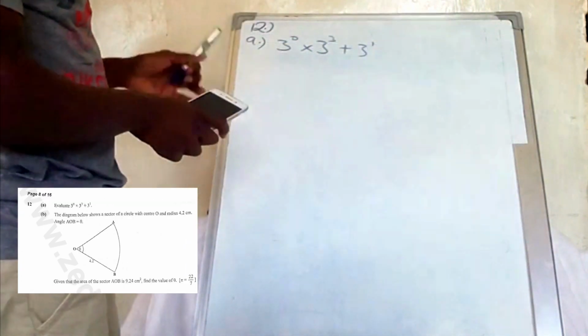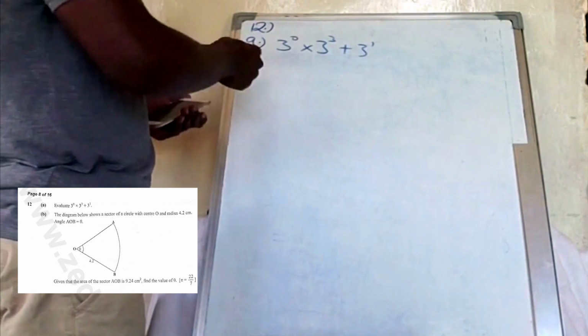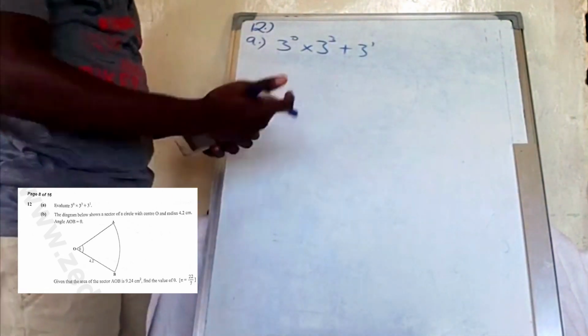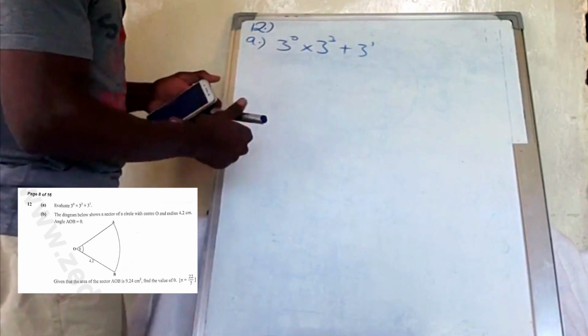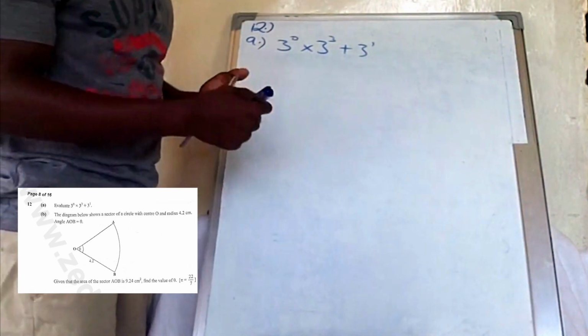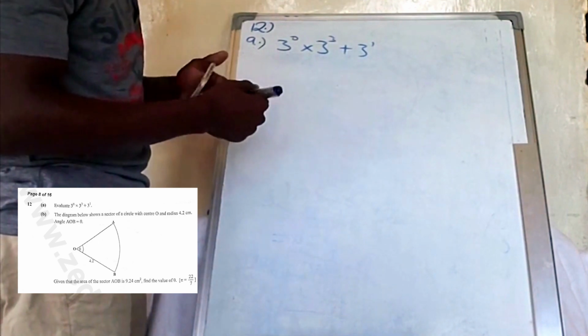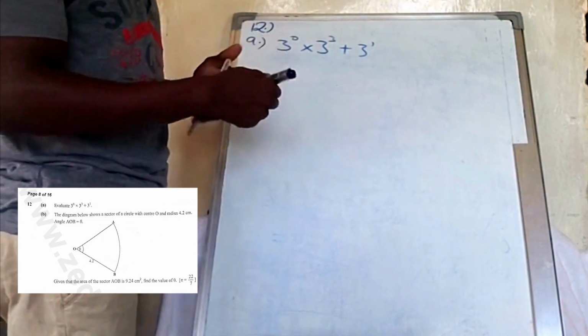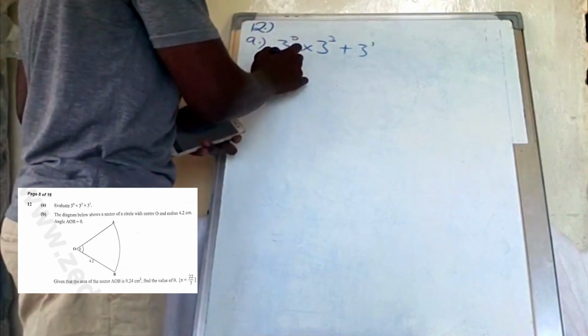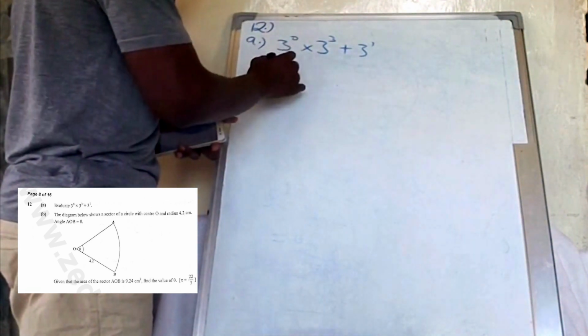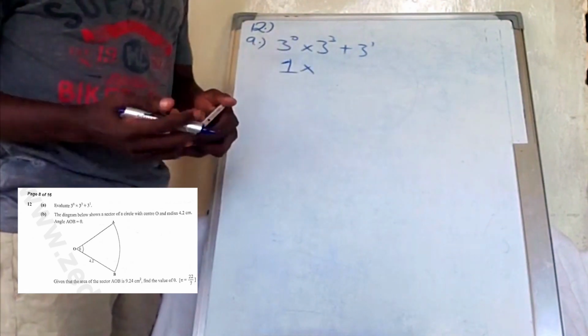Okay, question 12 A, we're dealing with indices. We've got 3 to the power 0 multiplied by 3 to the power 3 plus 3 to the power 1. So you need to remember that any number raised to the power 0 is 1. So this is basically 1 multiplied by 3 to the power 3.